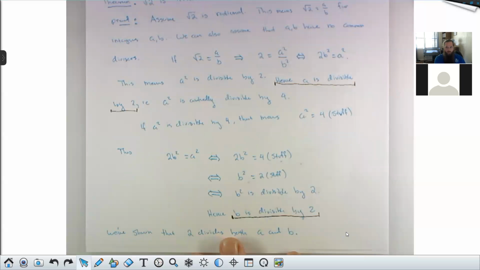In other words, we weren't really in lowest terms, were we? But every rational number can be written in lowest terms. What we've just shown is that any representation of the square root of 2 as a fraction would have to have a common factor of 2 in the top and in the bottom.